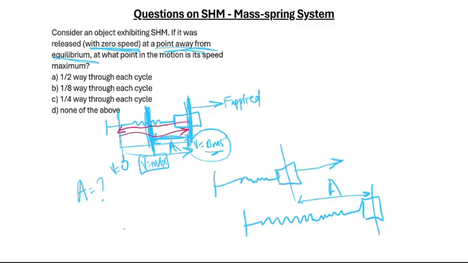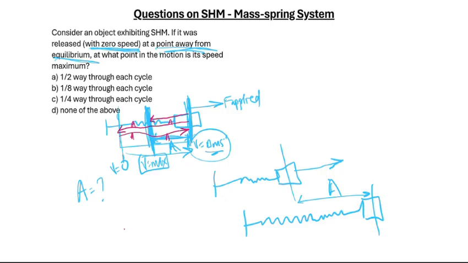Now, for this one, it reaches here at first, and reaching here is the full cycle. This is the first amplitude, second amplitude, third amplitude, fourth amplitude. That's why one oscillation or one cycle is 4 amplitudes.